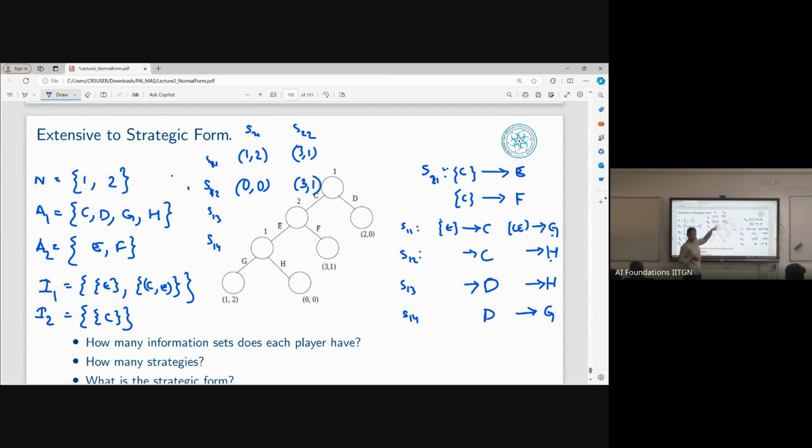So can you fill? You can probably now fill the rest of it. Next all is 2, 0.